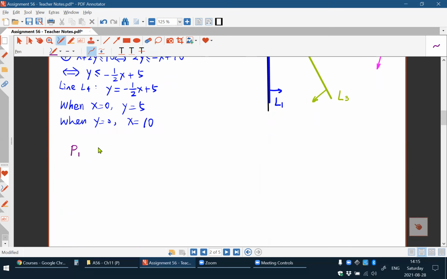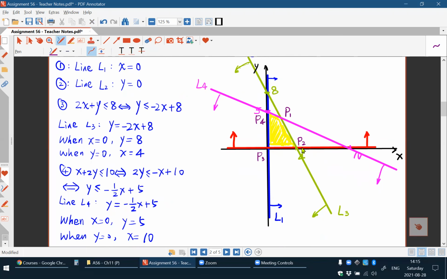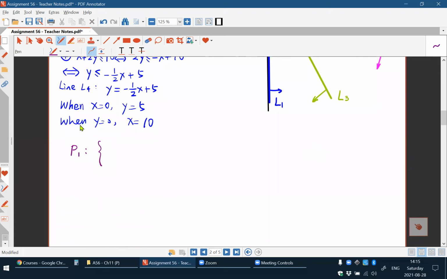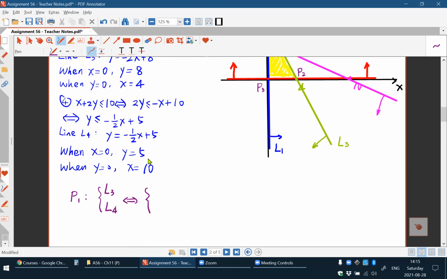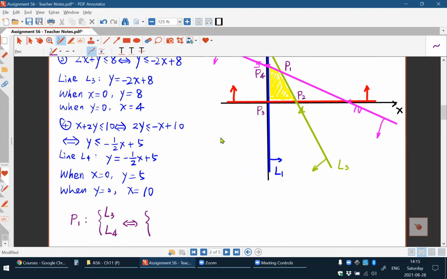Let's start from P1. P1 is the intersection between L4 and L3, right? So let's combine these two equations. L3 is y equals minus 2x plus 8, and L4 is y equals minus 1/2 of x plus 5.